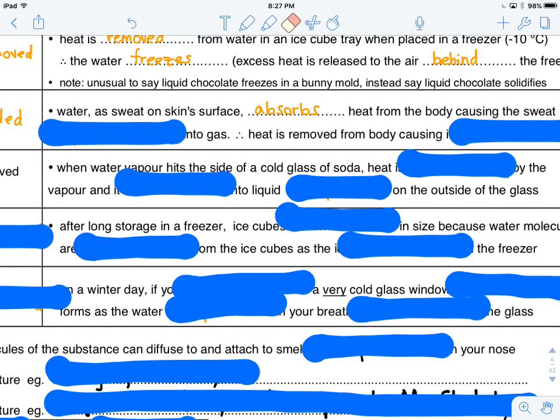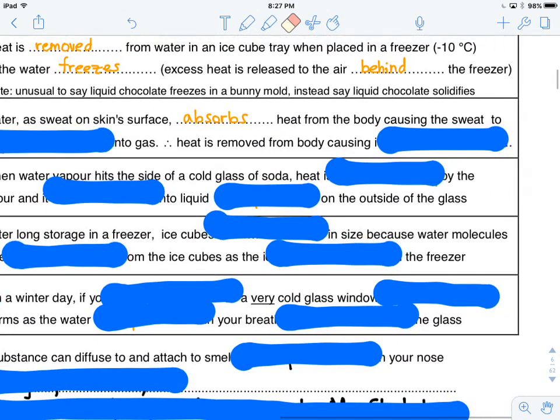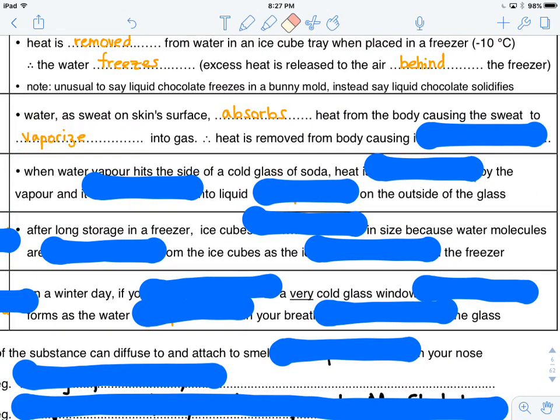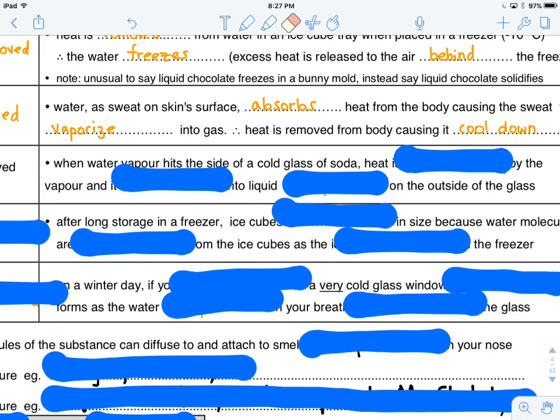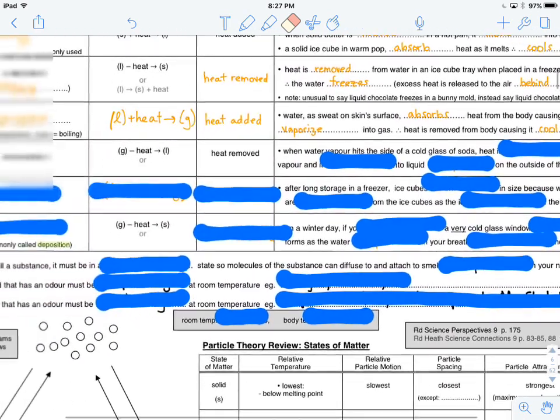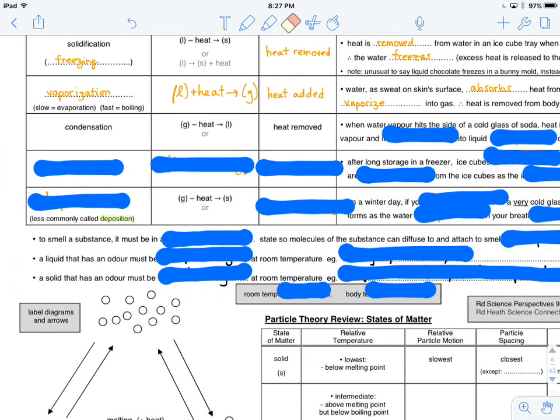And that sweat, that water that's on the skin, will absorb heat, and that will cause the liquid water, the sweat, to vaporize into a gas. And so what ends up happening is heat is removed from the body and you cool down. And that's one of the reasons why we sweat, to maintain our temperature. Of course you could think of many examples of vaporization.